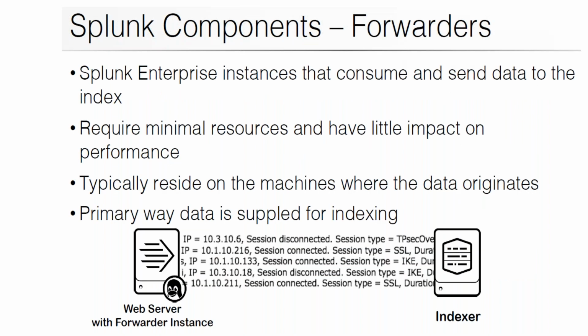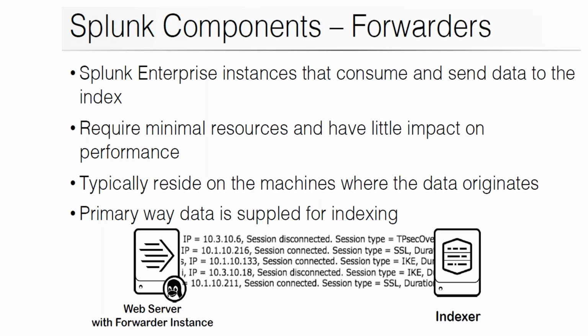The first component, forwarder. What it is basically, I gave you an example of company X. There are, for example, 20 different devices: firewalls, antivirus, some web server, database server, a number of things. I explained to you that every server or every device is writing a log file. I want that log file in Splunk. How to get it?